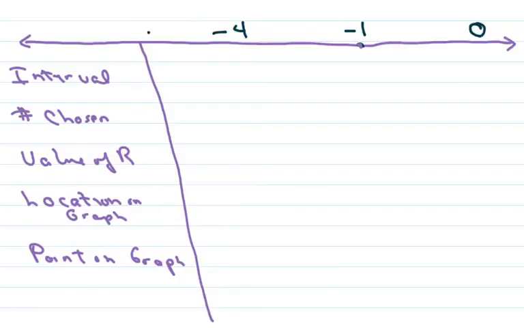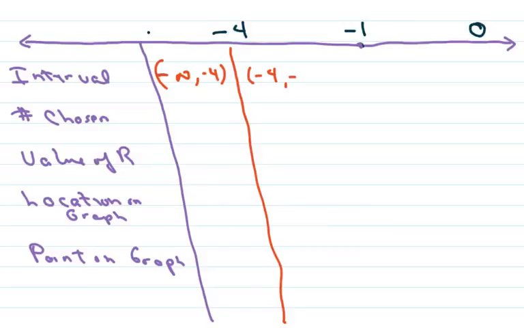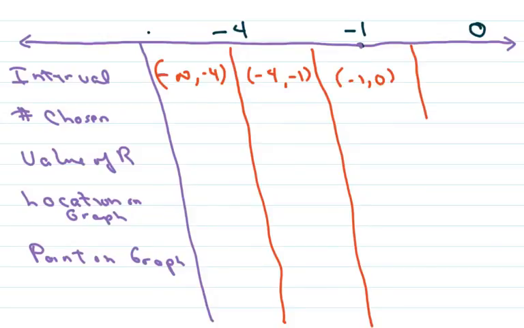We've got to figure out what's going on. So basically, the intervals we're going to use are, let's do this in red, negative infinity to negative 4. We're going to test negative 4 to negative 1, negative 1 to 0, that's where it crosses, and then we're going to test 0 to infinity.